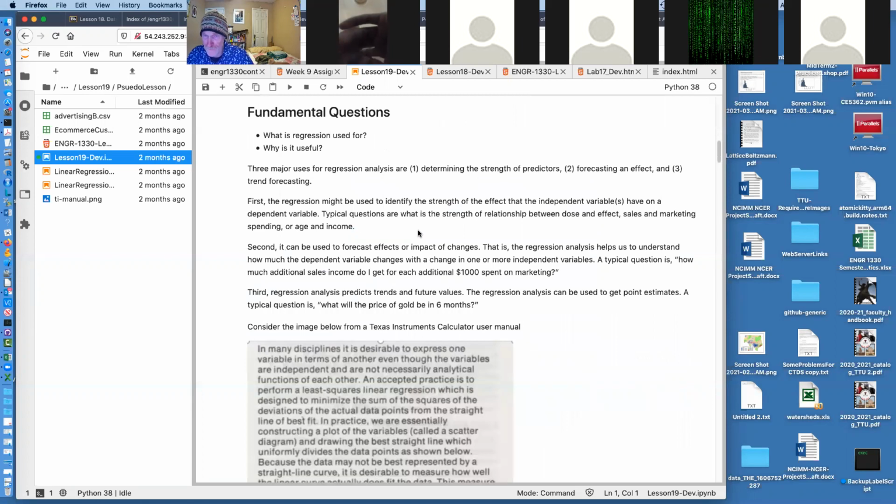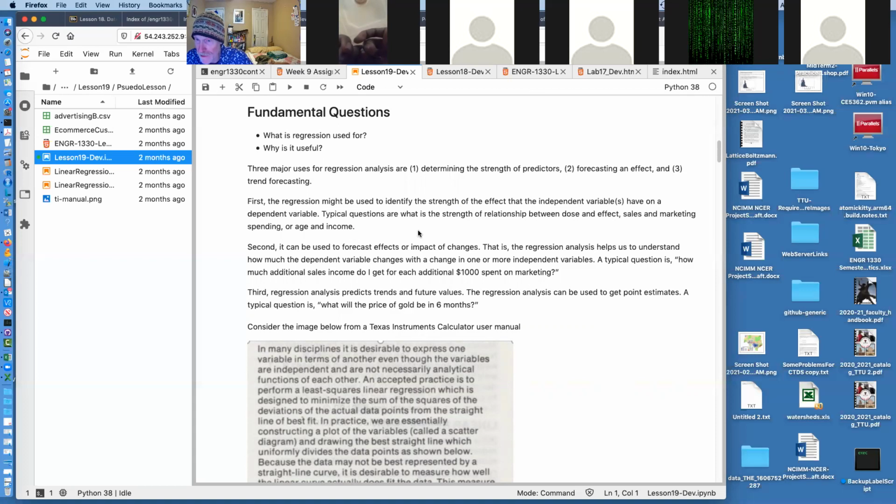So proceeding forward, let's pose a couple of fundamental questions. What is regression used for? Why is it useful? The second one is possibly of relevance to you right now because the easy answer is it's useful because it's on the syllabus, but we'll probably get more useful explanations for that.